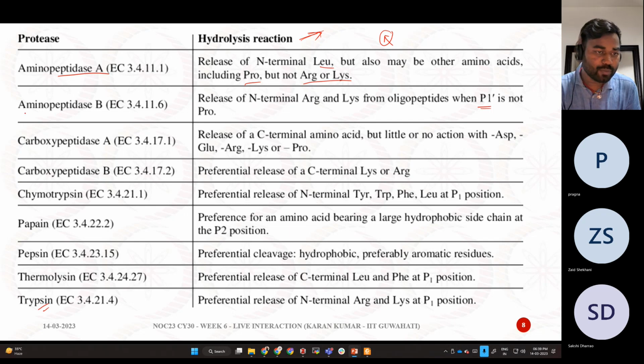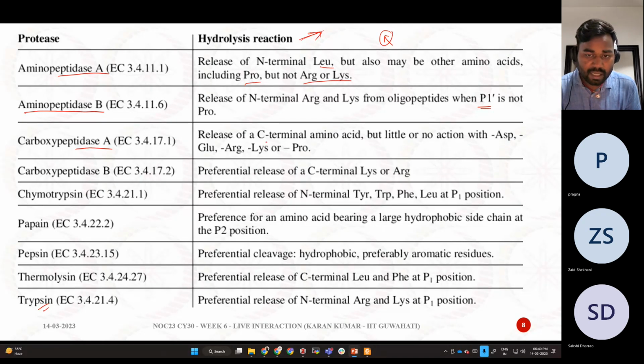So that means aminopeptidase B is also a class of trypsin. It acts with trypsin-like activity.